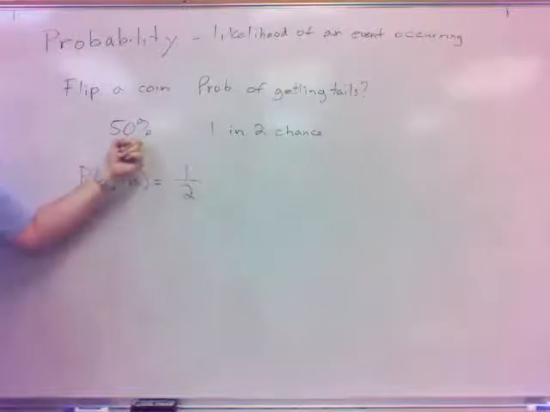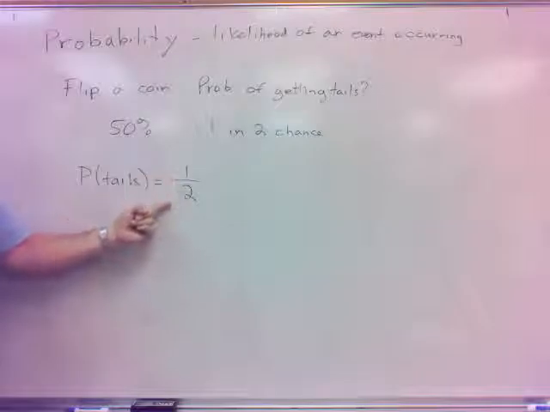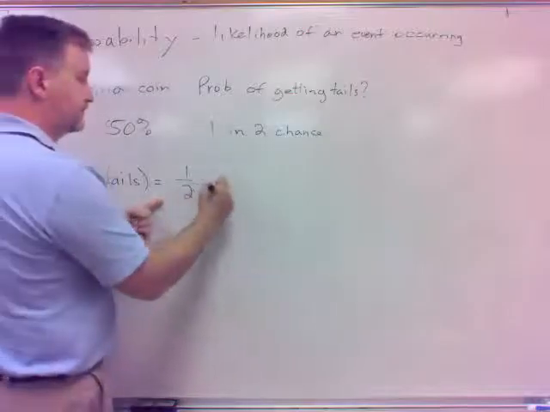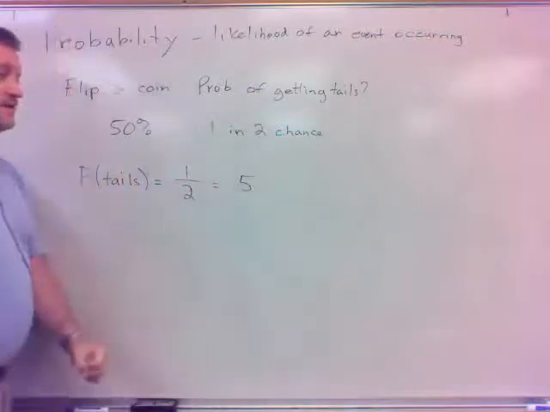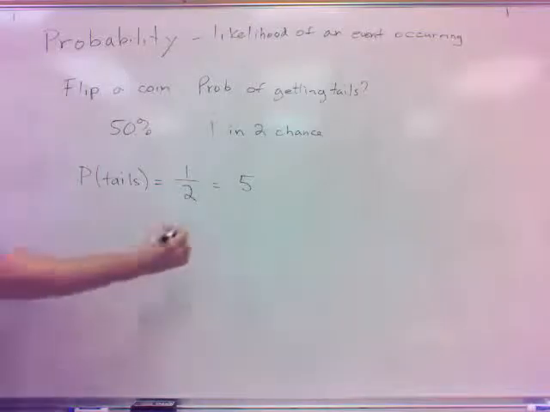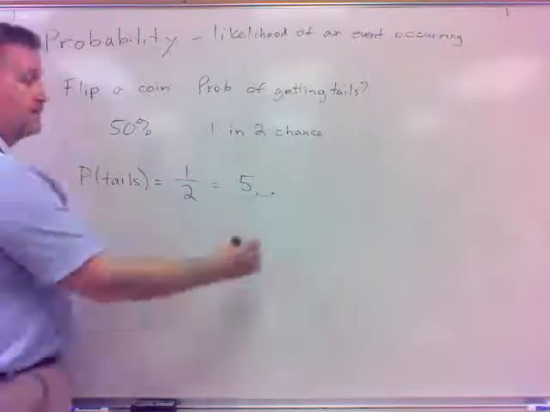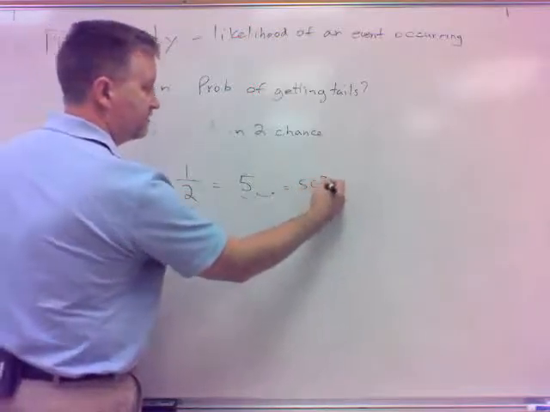Now, how is this related to 50%? Well, if you take this and turn it into a decimal, 1 divided by 2, punch that on a calculator, you get 0.5. So as a decimal, it would be 0.5, and then to change that to percent, remember, we move it 2 places over, and that would make it 50%.